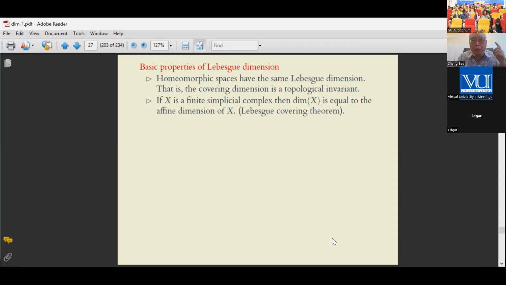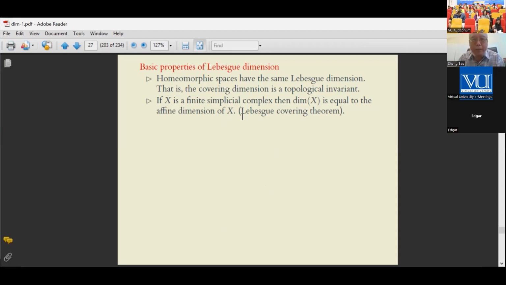One is called a simplicial complex. You have a finite set of simplices and try to put them nicely together and get a complex. And if it is one-dimensional, then it's a graph. So you have zero-dimensional objects called vertices and one-dimensional objects called edges, and try to put them together so that the one-dimensional ones only intersect at zero-dimensional common boundaries. And you can generalize this to higher dimension.